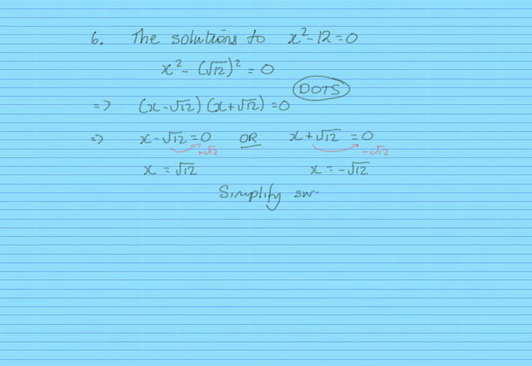Now, we should really simplify any surds if we can, and you know from your work at the start of the year that square root of 12 can be written as the square root of 4 by 3, which can be written as 2 root 3. So just simplifying those, and then that allows us to check our answers, and we get our answer D.